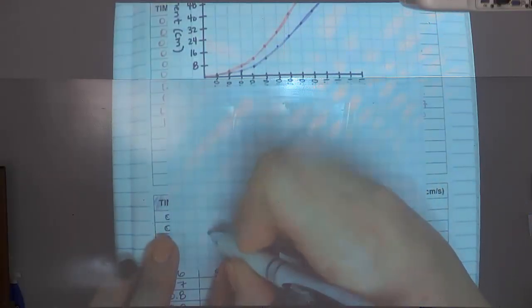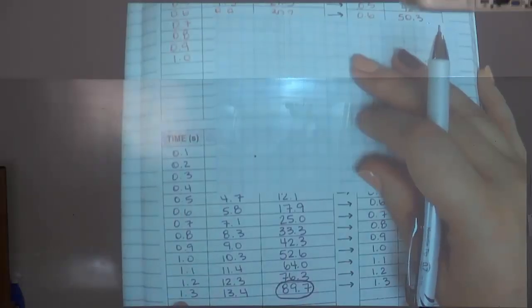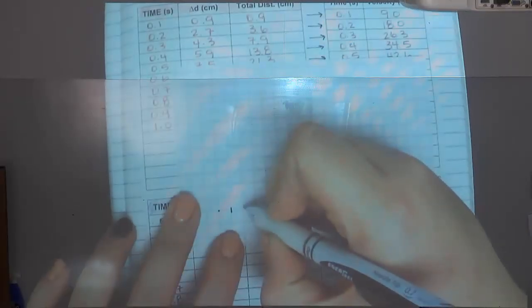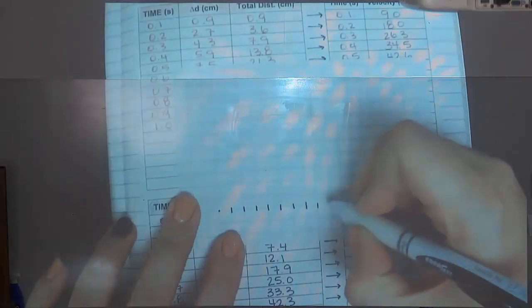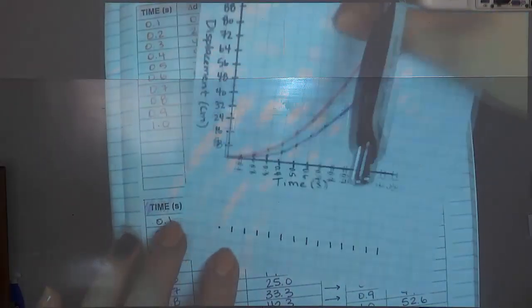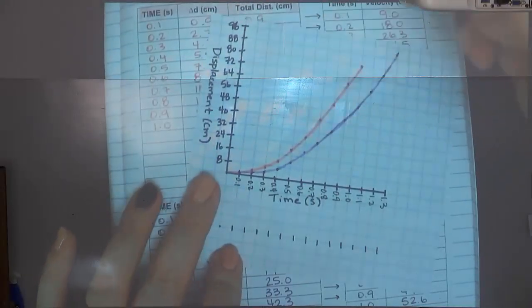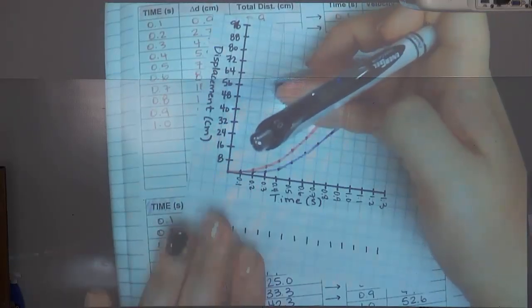I'm going to make that my 0, and then I'm going to count, same as we did before, whatever your highest time code is, minus 1.3. So that's going to be 0.1, 0.2, 0.3, 0.4, 0.5, 0.6, 0.7, 0.8, 0.9, 1.0, 1.1, 1.2, and 1.3. So you can see that on my displacement graph. So that x-axis, the time axis, should be identical on both graphs because they're measuring the same thing.